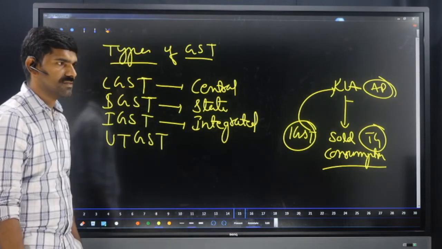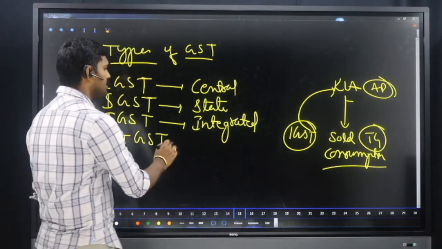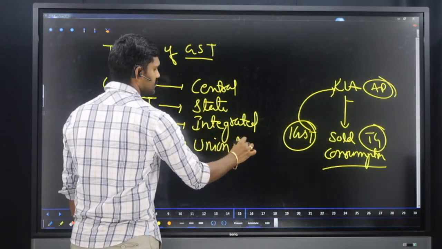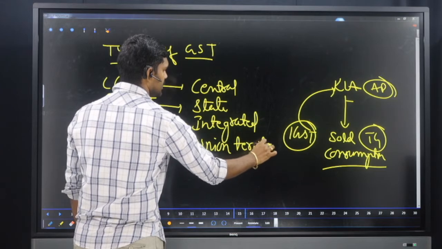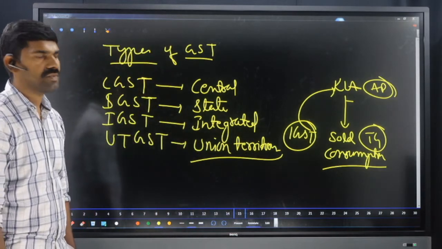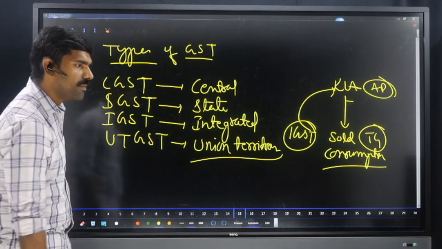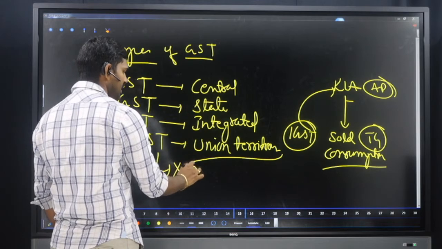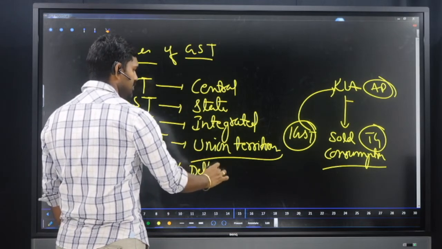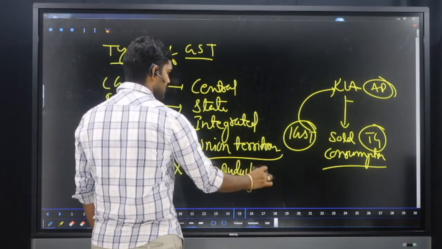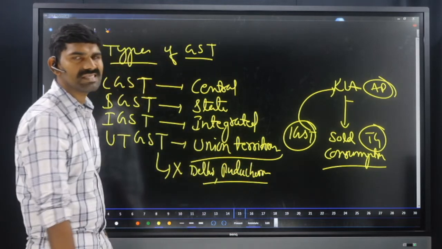UTGST stands for Union Territory GST. Very important. Remember that UTGST is not applicable to Delhi and Puducherry, because both of them have state assemblies.